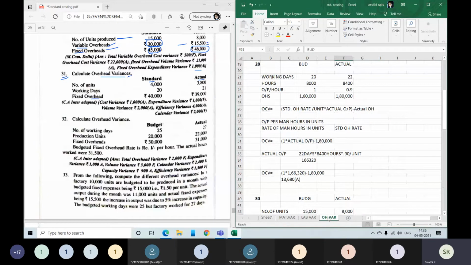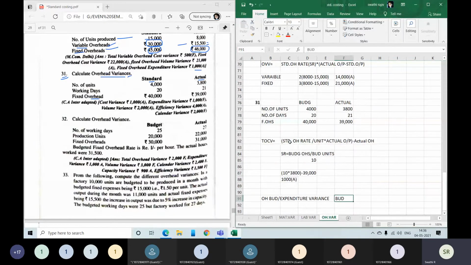So our basic equation for finding cost variance is standard overhead rate per unit into actual output minus actual overhead. If you check in the question, first see whether you can find these things. Actual overhead: only fixed overhead is there, 39,000. Then check actual output, meaning units: actual 3,800.